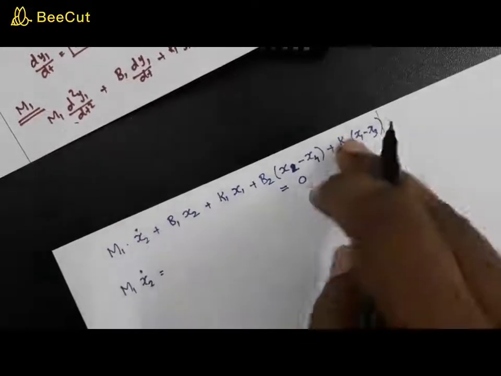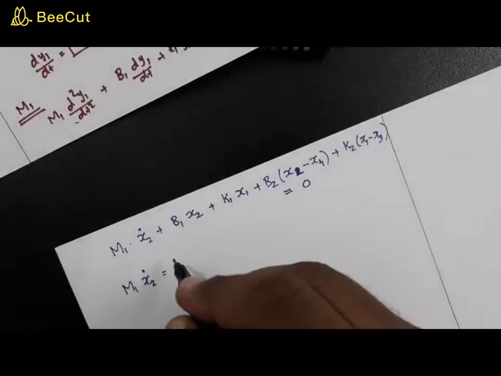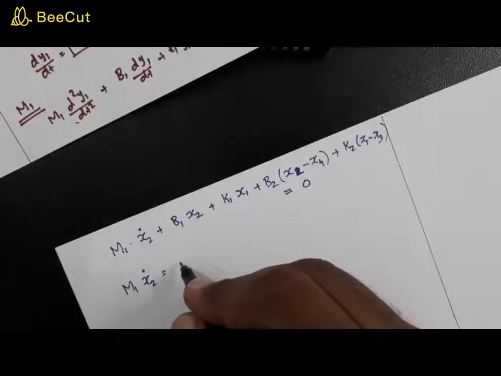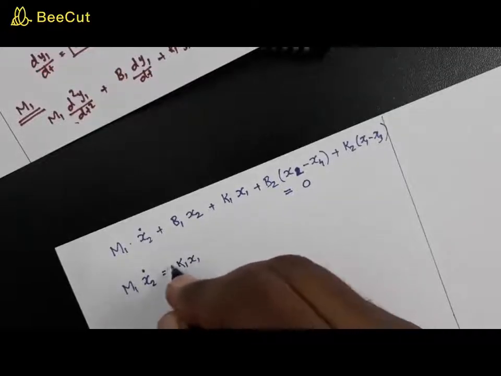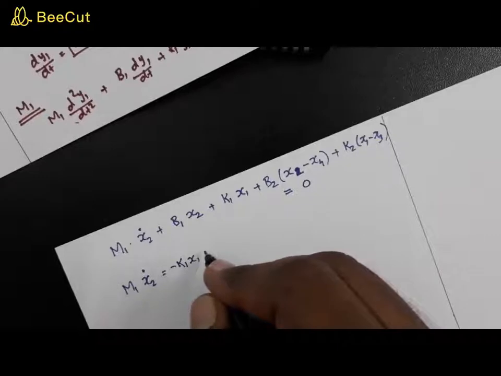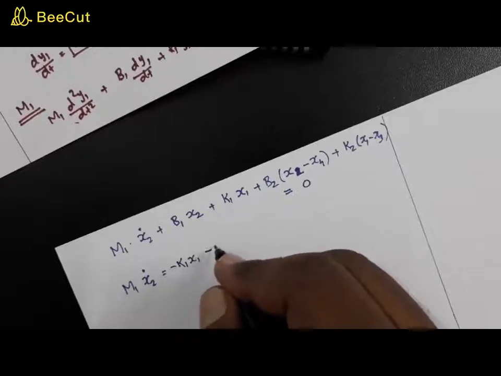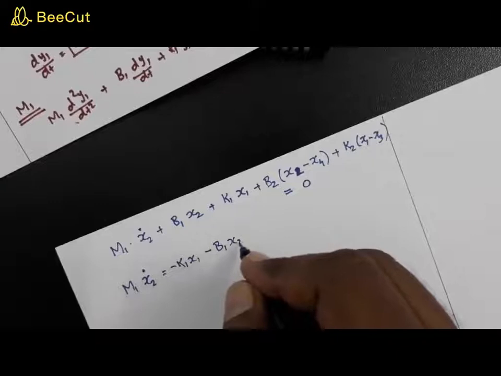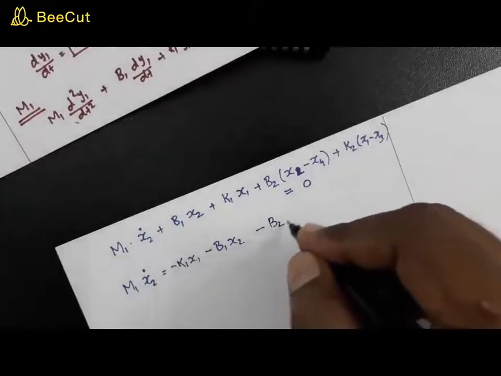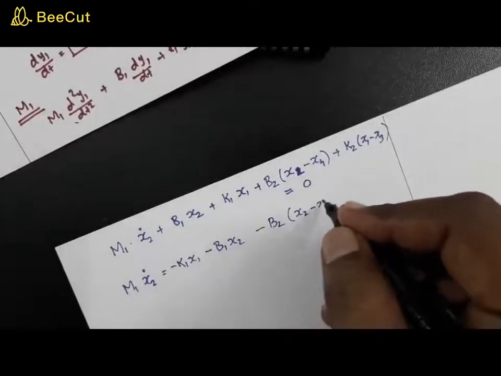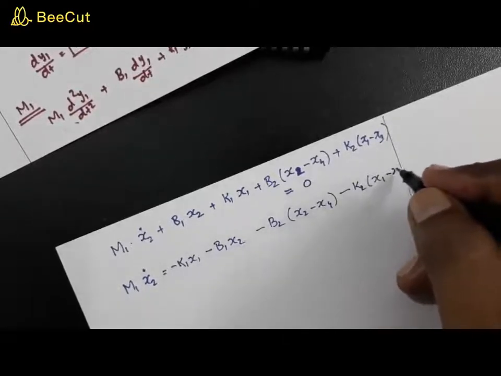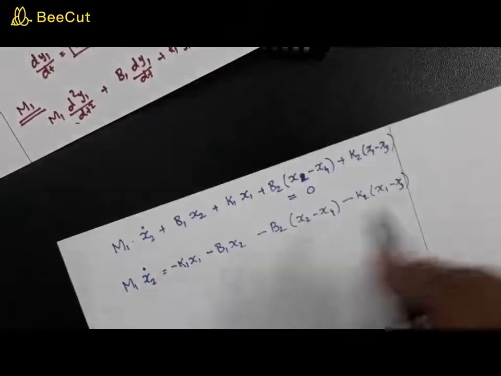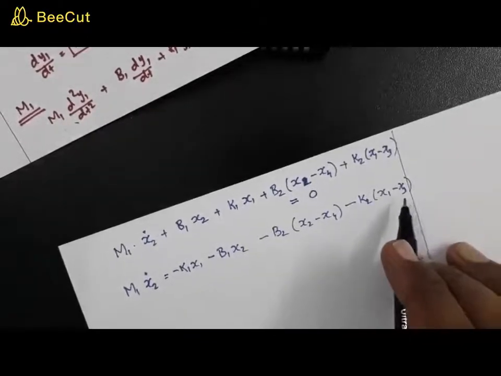you can bring all these to the other side so that you can write this as minus k1 x1, minus b1 x2, minus b2 into x2 minus x4, minus k2 into x1 minus x3. Now you can separate x1, x2, x3 and x4.